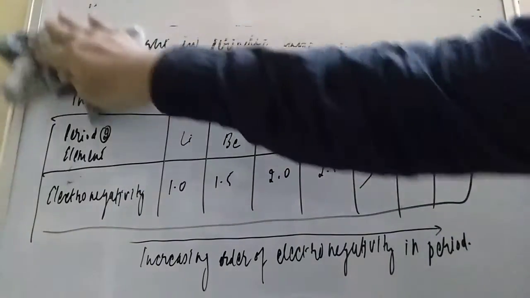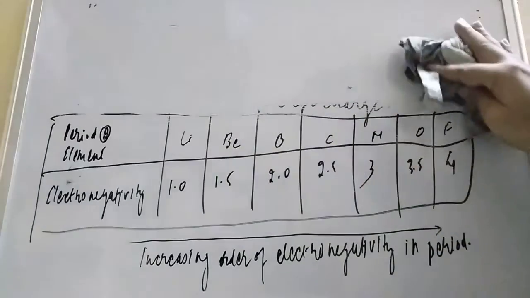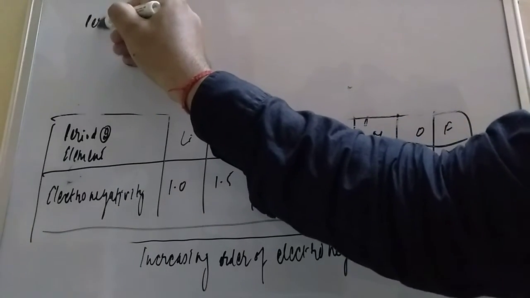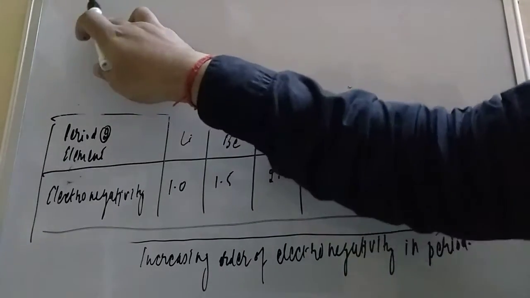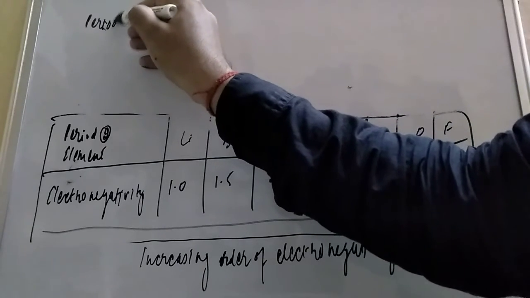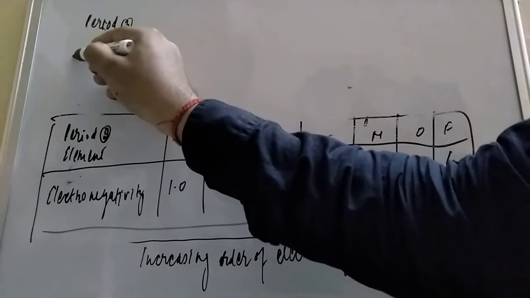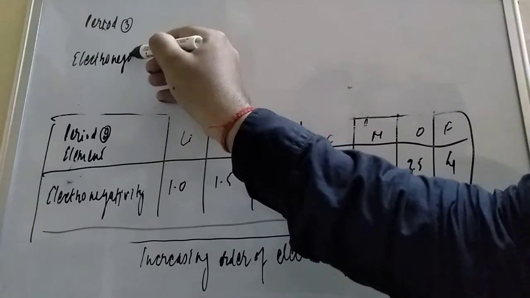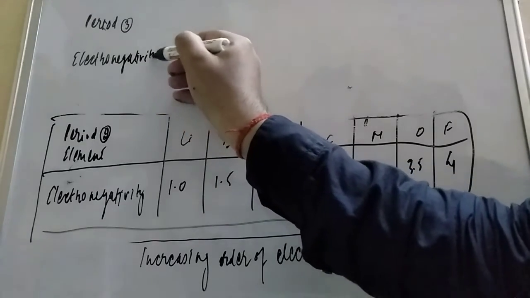Suppose you take this with another example, student, so that it could be more clear, and the more values you memorize, the easier it will be. Suppose you are going to period number 3, and here is electronegativity. What is there in period number 3?